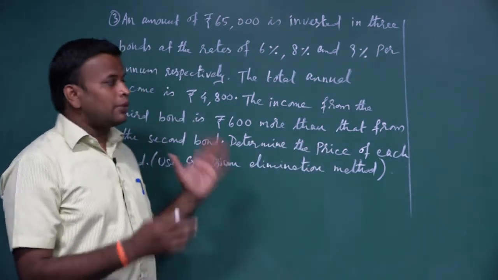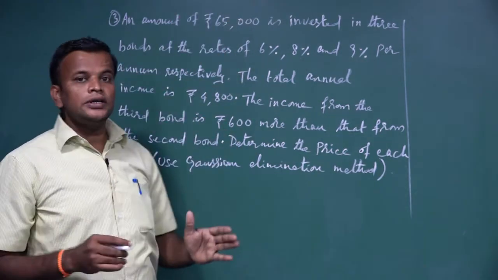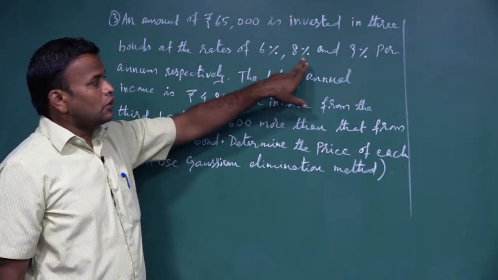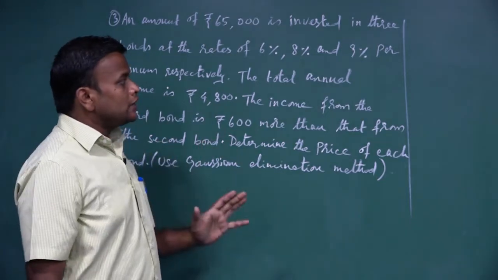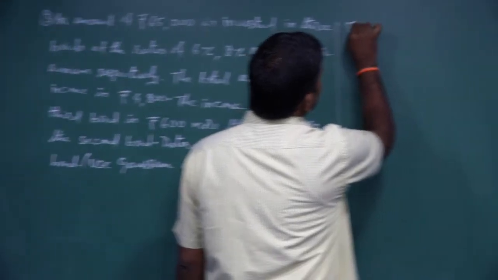So to find the price of each bond, rupees 65,000 is split into 3 bonds: the first bond at 6%, the second bond at 8%, and the third bond at 9%. Now to find the amount of each bond, we will take the prices of the bonds.